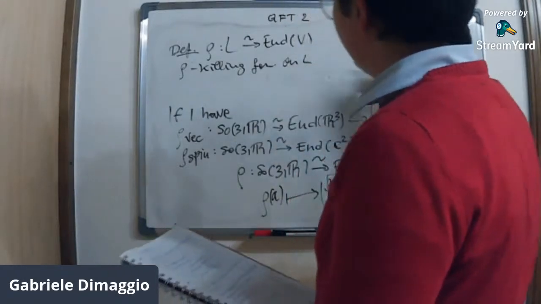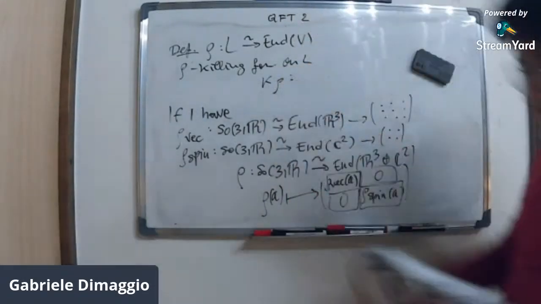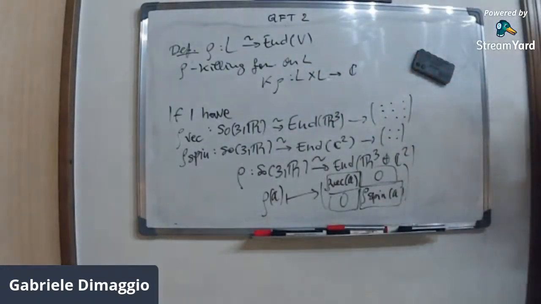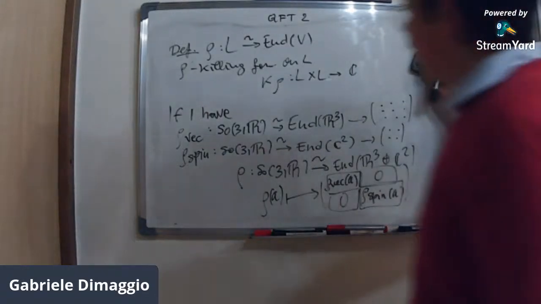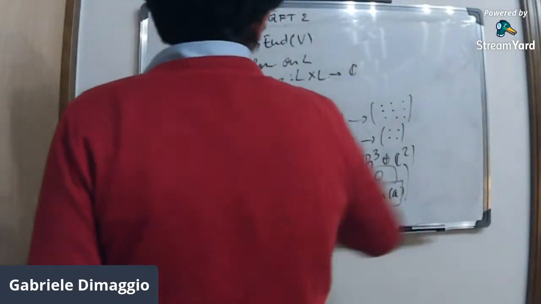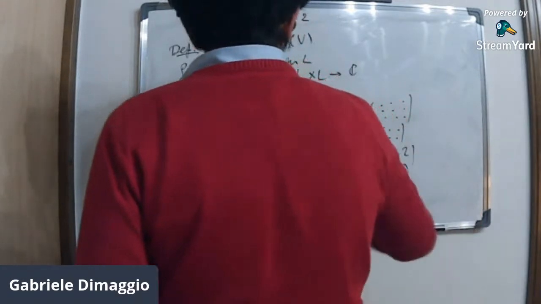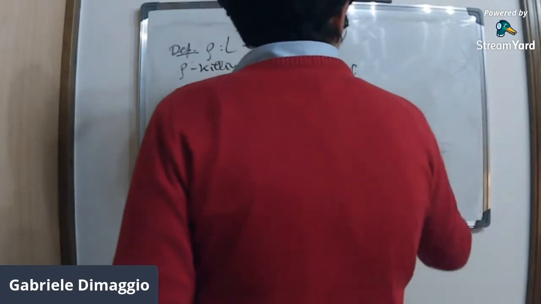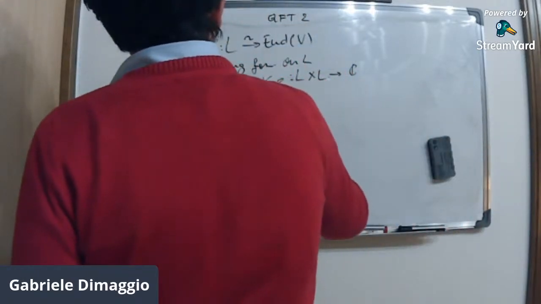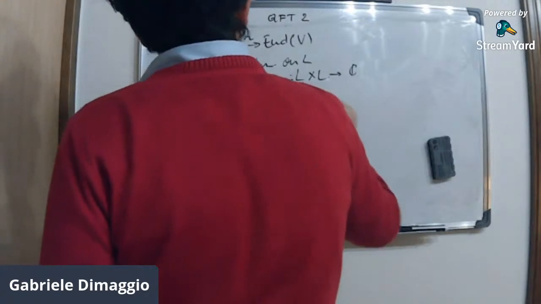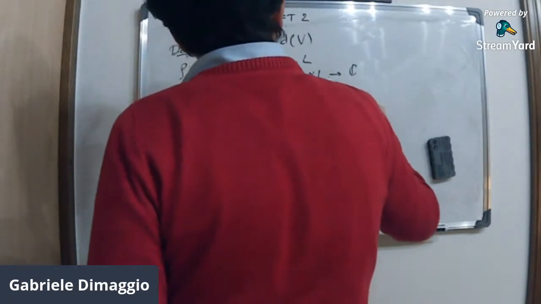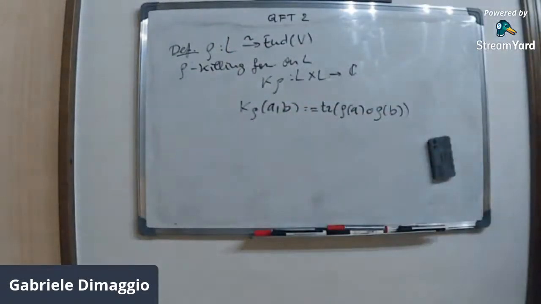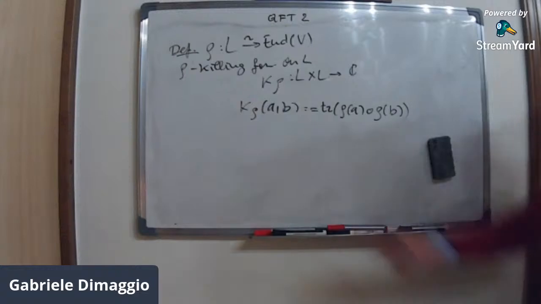Okay, I have kappa rho from L times L to C. The first killing form is the trace of a composition of two adjoint maps; in this case the rho killing form is defined as the trace of the composition of these two maps.